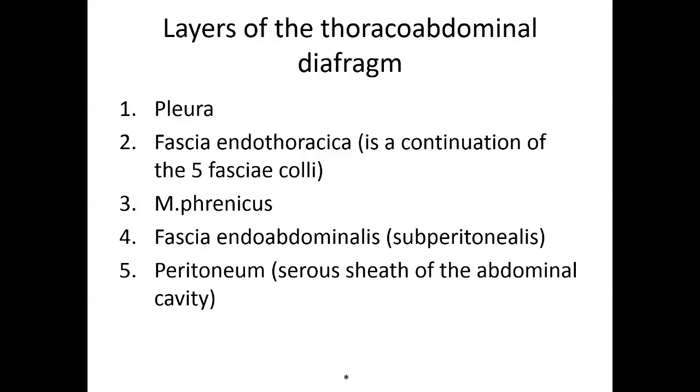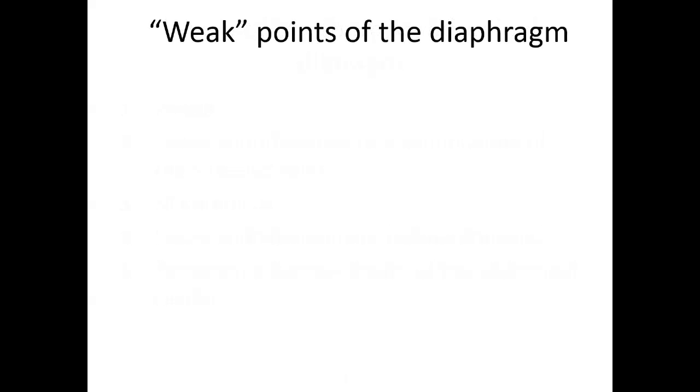Now we know that the thoracoabdominal diaphragm consists of 5 layers, and the thickest, most important layer is musculus phrenicus. And now the question about weak points of the diaphragm.